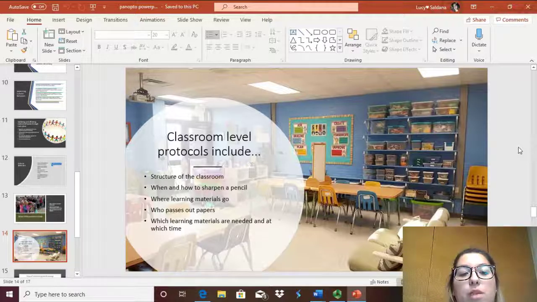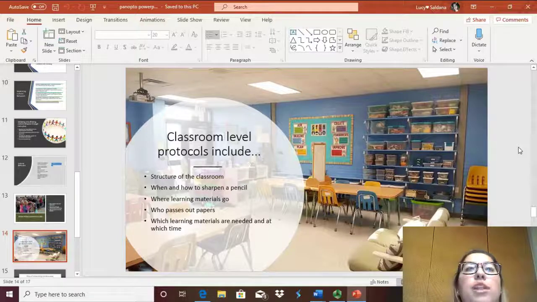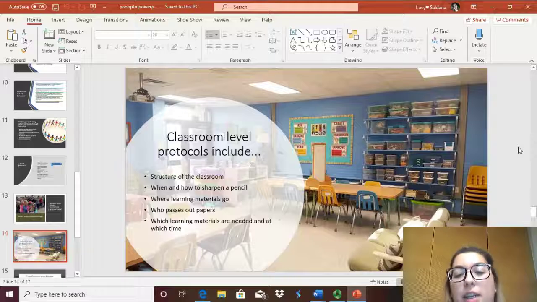Also, another classroom level protocol was that the students have to learn where each material goes in the classroom. So maybe at the beginning the teacher explains, oh, this is where the art area stuff goes. This is where your backpack is going to go. This is where you're going to turn in your homework every day.